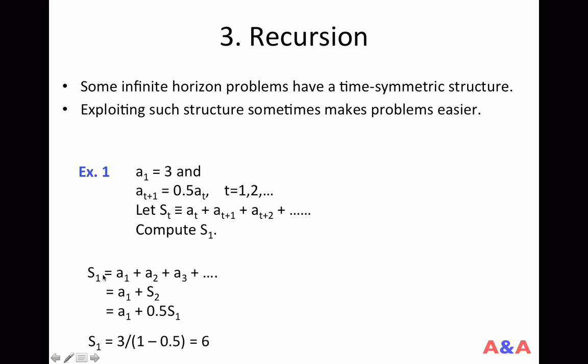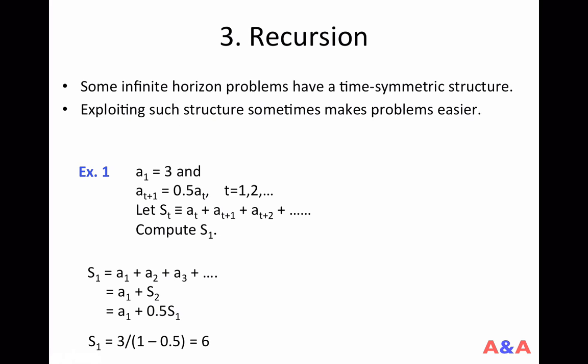So we just have S1 equal A1 plus 0.5 times S1. A1 is equal to 3. Move this term to the left-hand side and take S1 common. And we have S1 equal 3 over 1 minus 0.5 equals 6. And this is kind of what I mean by exploiting a time-symmetric structure.